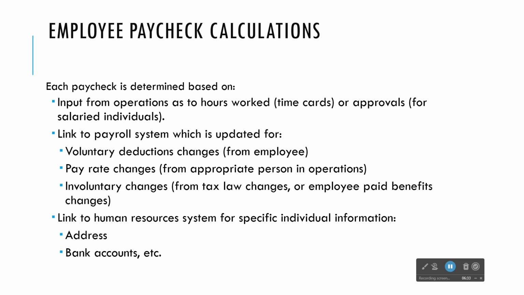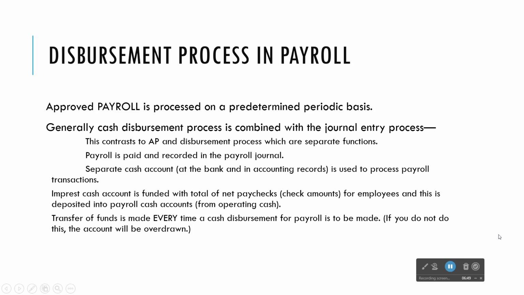The human resources system is going to provide us with certain information on the employees, including, if you have direct deposit, what bank account and account number and the routing number for the direct deposit. Approved payroll then gets processed on a predetermined periodic basis.